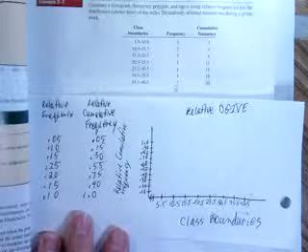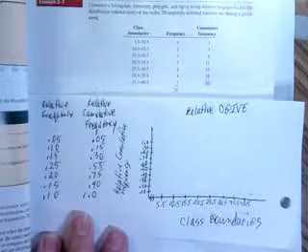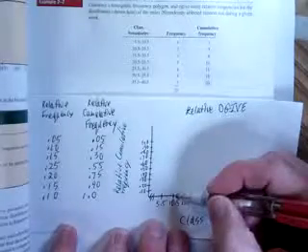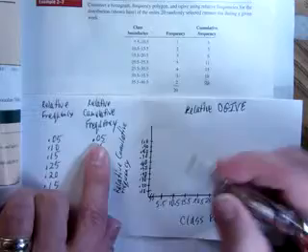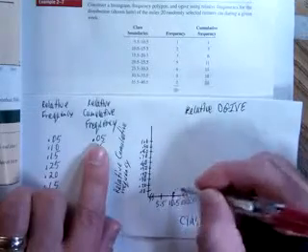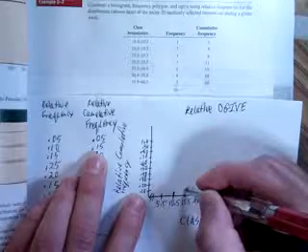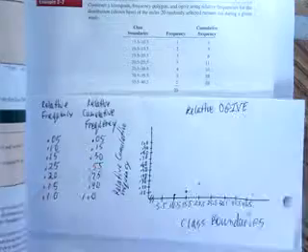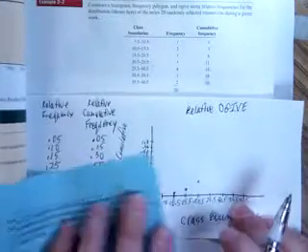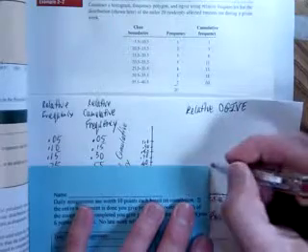So this would be 0.10, 0.20, 0.30, 0.40, 0.50, 0.60, 0.70, 0.80, and 0.90, and finally 1.0. That's your scale for the relative cumulative frequency.